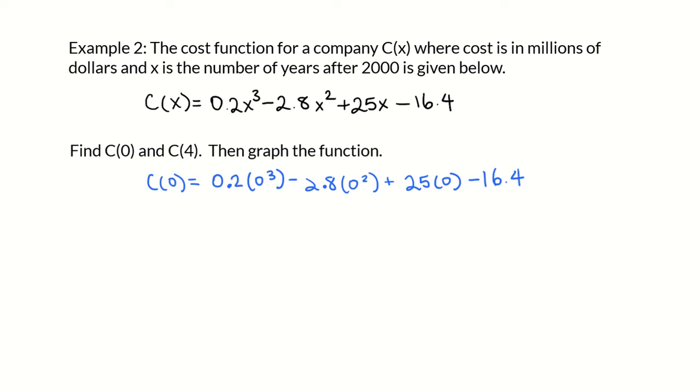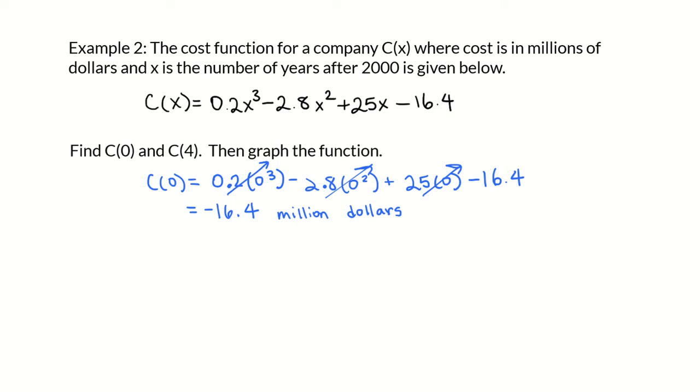Now, since we're multiplying each of these first terms that contain x by 0, each of these first three terms are 0, and we're left with negative 16.4. And since the units here are millions of dollars, that's negative $16.4 million. So those are like the starting costs if no units are sold.